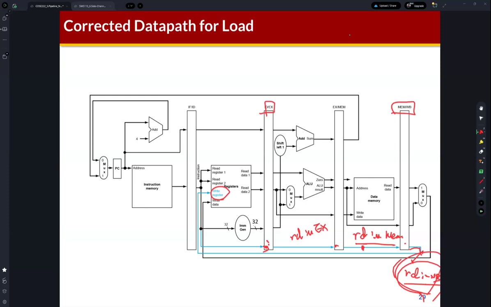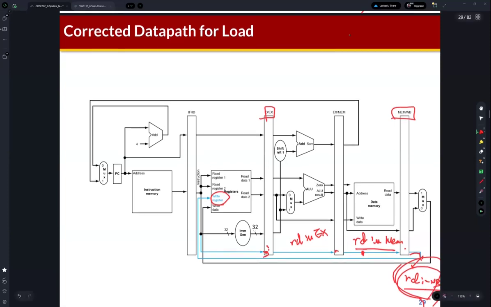You need to understand that this is an important part of the pipeline design. And for the real design, some students make mistakes on this point. Okay, so I'll stop here.